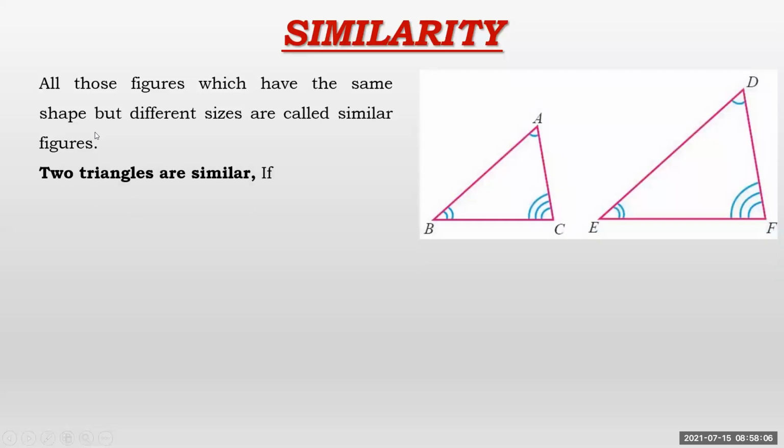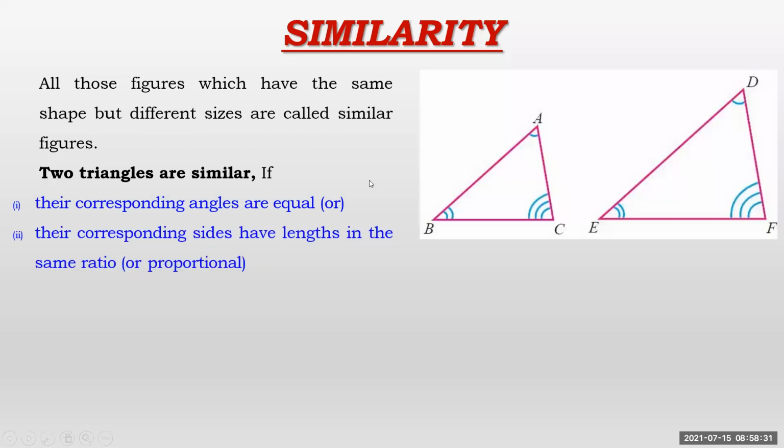Two triangles are similar if there are some conditions. The first condition is that their corresponding angles are equal.